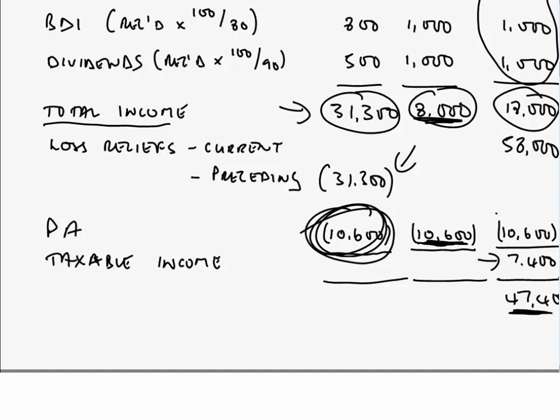Obviously it has, because we've used the £40,000 loss. But look at what that income would have been, 47,400. And look at the tax saving that could now be achieved.